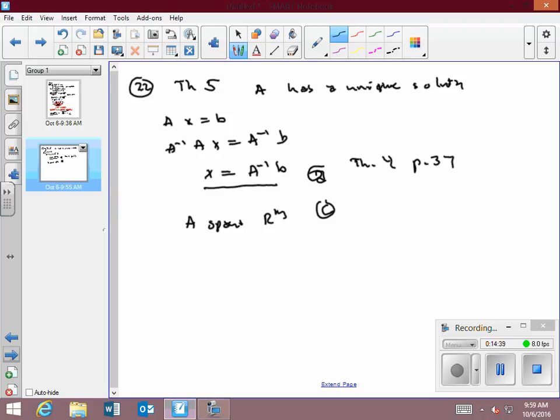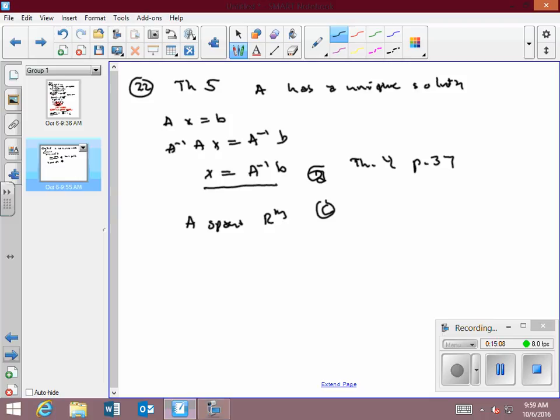I'm going to look at the next section. Here they're bringing a bunch of things together in Theorem 8 that we have looked at. It says, let A be a square n by n matrix, then the following statements are equivalent.